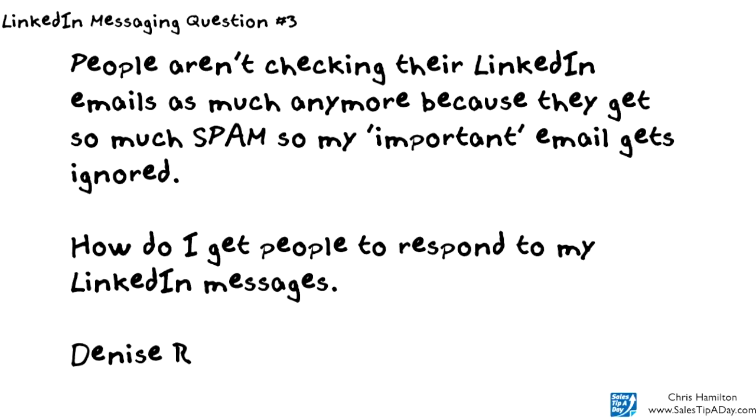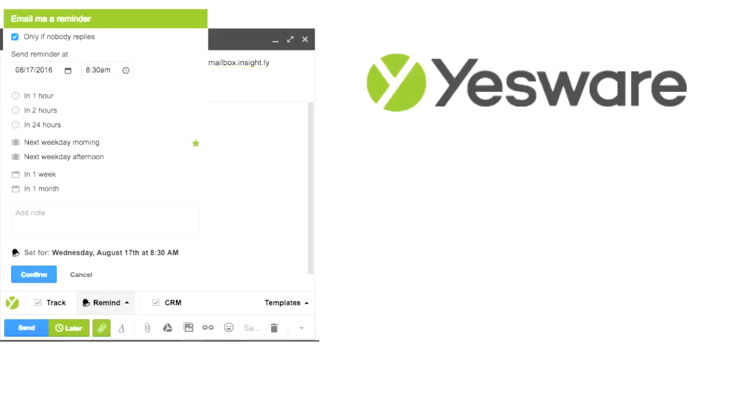So in this case, it's a similar thing, but I'm going to show you a different way. Other than Contactually, there's another thing called Yesware. And Yesware is a plugin that works with Outlook, and it works with Gmail. There are a lot of cool things about Yesware, but this specifically is really cool: you can set it up so that if somebody doesn't reply to you in a specific period of time, you get reminded. That could be an hour, 2 hours, 24 hours, next weekday morning, next weekday afternoon, 1 week, and you can add a note in it as well.